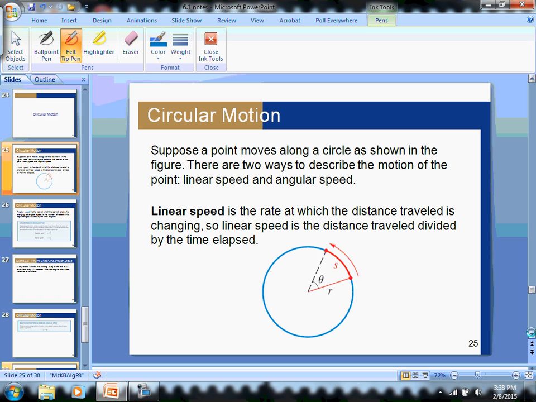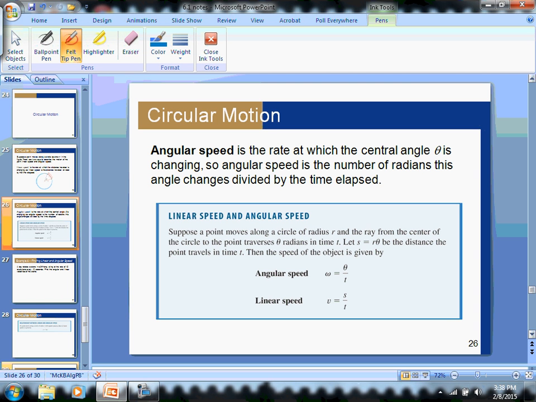And we can also measure angular speed. Angular speed is the rate at which the central angle is changing. So that's going to be the number of radians divided by the time. So in both cases, we're dividing by time. So linear speed is going to be represented by a little v, and then we'll have s over t.